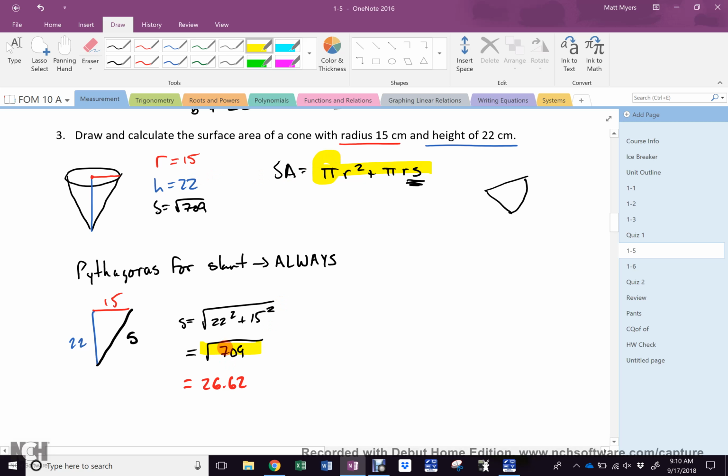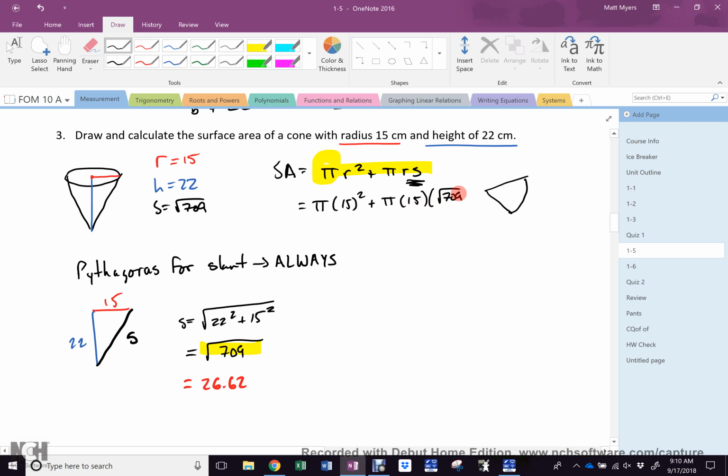Is everybody with me? So you would write pi, what's R? 15 squared plus pi, what's R? 15, and what's S? The square root of 709.